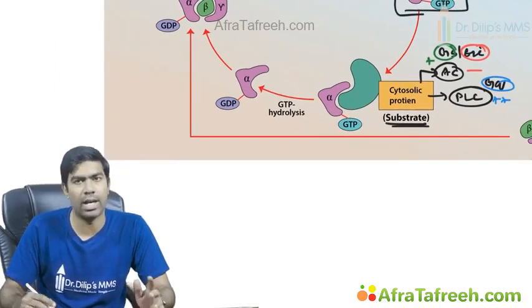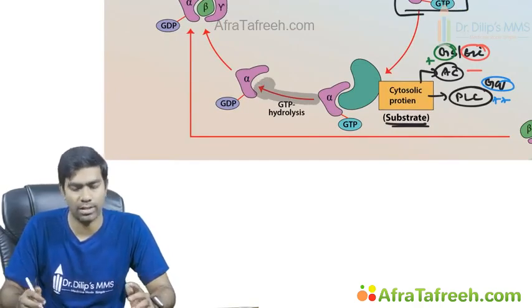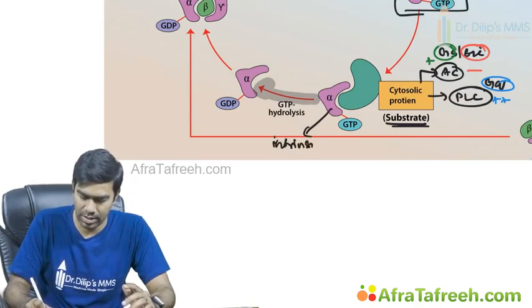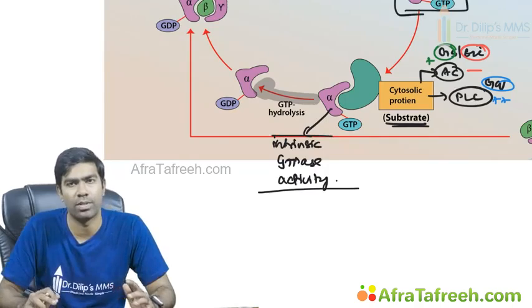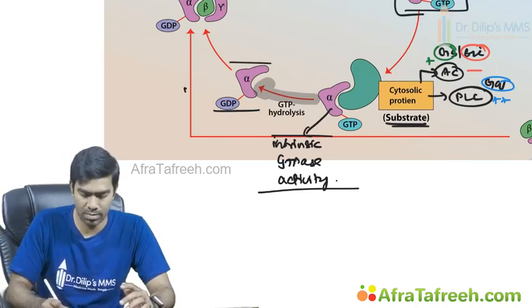Once activation of the substrate is over, they go for spontaneous hydrolysis, which means this alpha subunit itself has intrinsic GTPase activity. This GTPase is going to hydrolyze GTP into GDP. Once they form GDP, they become inactive.